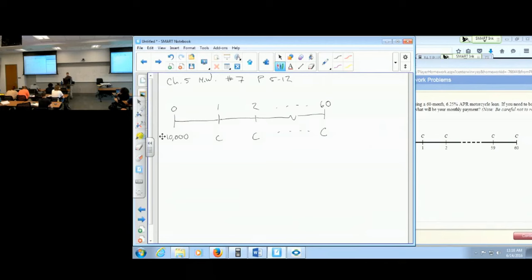All right, this is an amortizing loan, so when you make that last payment, you pay off the last bit of interest and principal, and so the balance on the loan is going to go down to 0 on that 60th payment. All right, so the loan balance will be 0 with that last payment. And we know the APR is 6.25%.